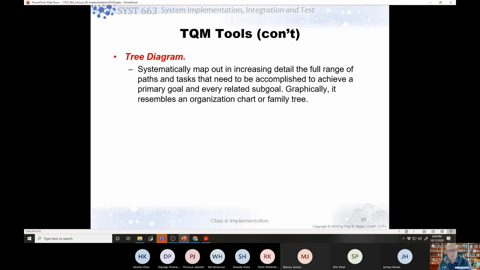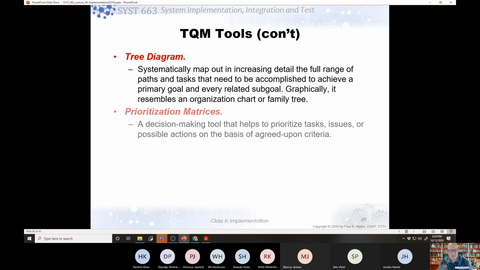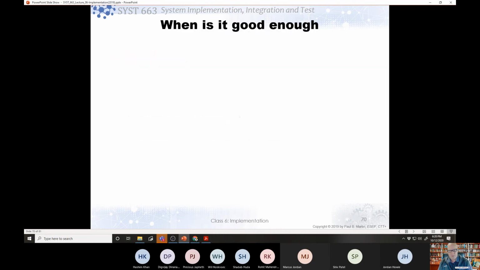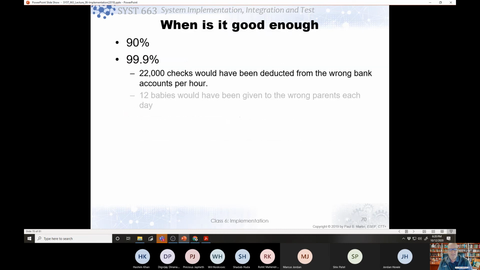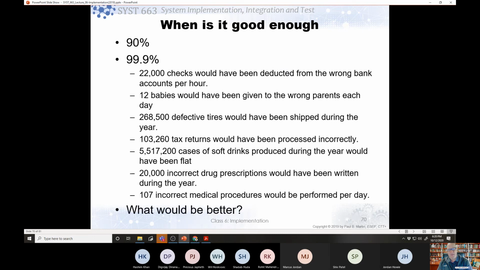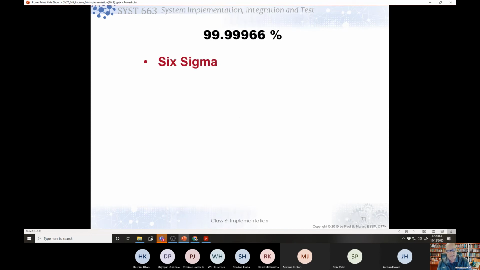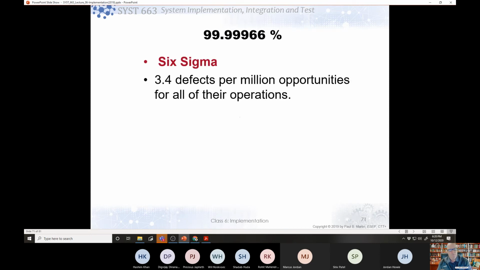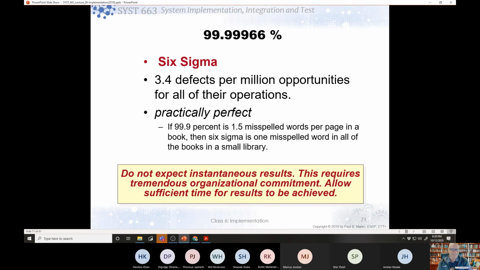Tree diagrams, trying to map out exactly what you're up against, as well as prioritization matrices. One thing I look at is trying to explain what is good enough. Sometimes 99%, 99.9%, but there are issues even with something that well done. You really want to get to a perfection type thing, and that's where Six Sigma, if you've ever heard of that, it's a 99.99966.